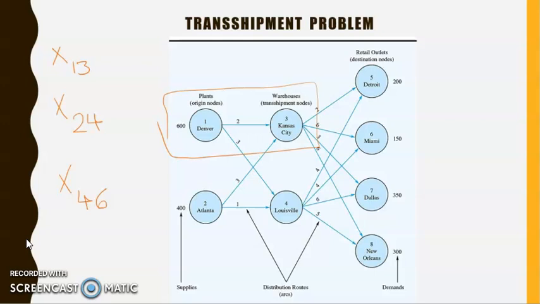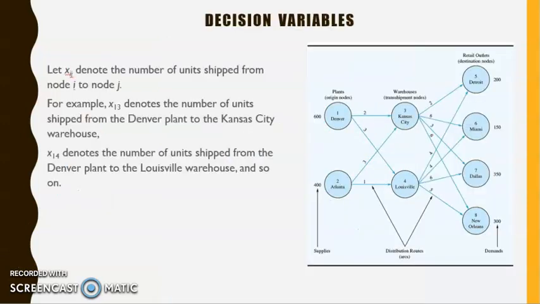So in that way, with just 2 subscripts, or indices, you can track any decision variable you like. Okay, so let's see the results here.